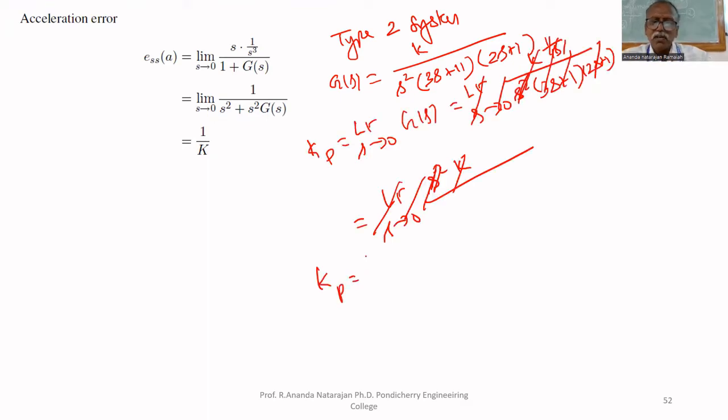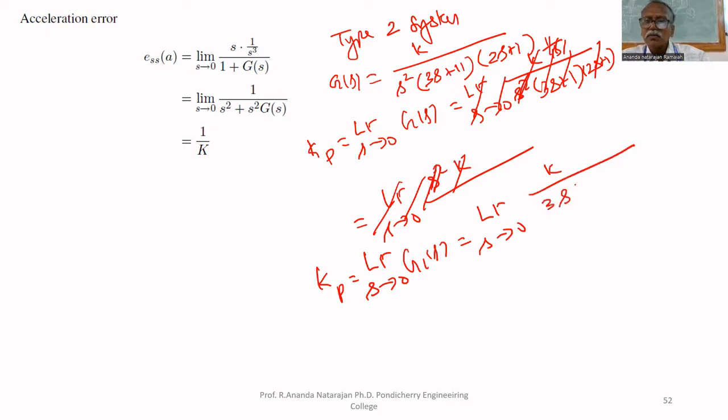Kp equals limit s tends to 0 of G(s), that is K upon (3s plus 1) multiplied by (2s plus 1), with s square since it is type 2. If you substitute s equal to 0, you will get K upon 0, that's why infinity.